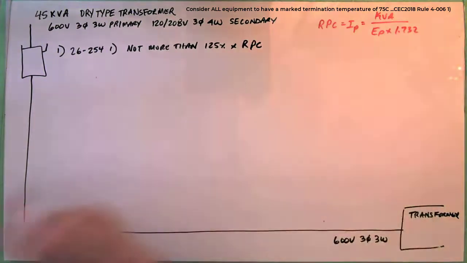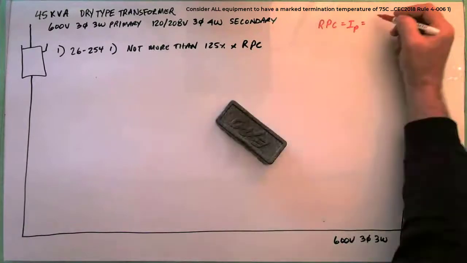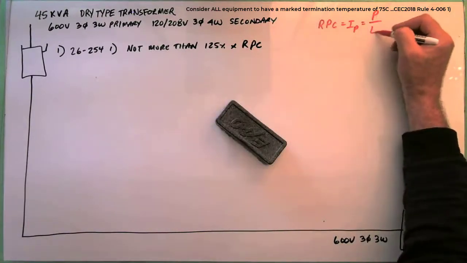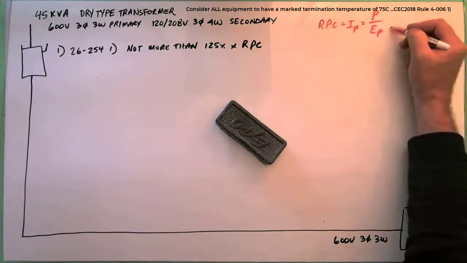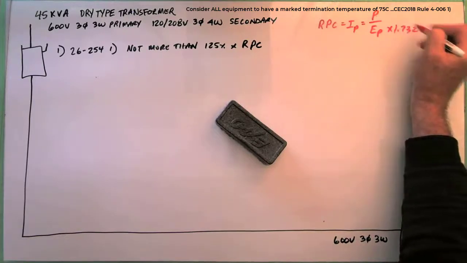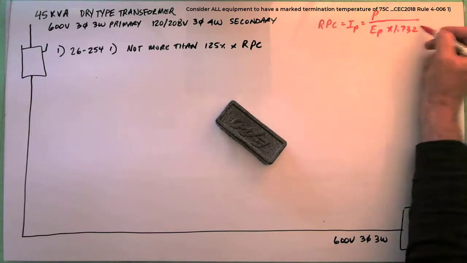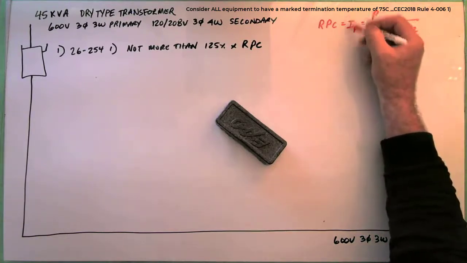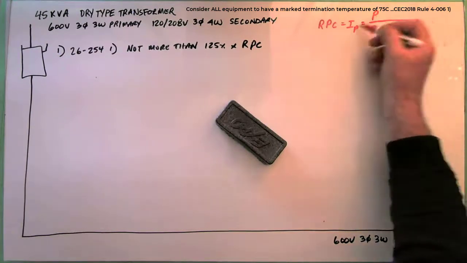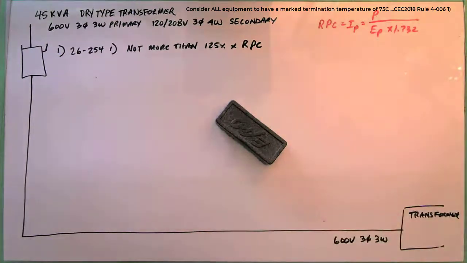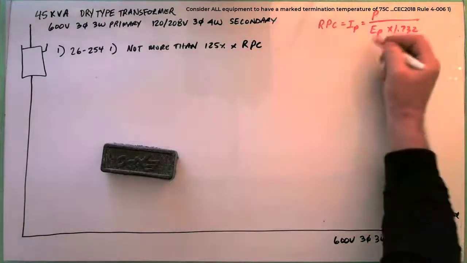Maybe I should have just said P over E, right? And then, okay, so it's 3-phase, 1.732. So when we increase the denominator, the answer goes down. Current goes down. That's the beauty of 3-phase, is smaller wires. So this rated current here, we could calculate it out.